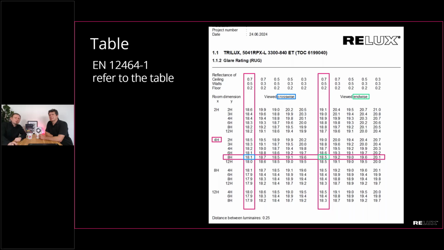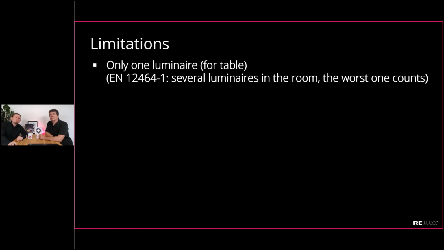Yeah, we will see it in a couple of seconds, but I have a last slide, and this is about the limitations of this, because if you have in mind how to calculate it and what is behind it, then you will surely find a lot of limitations by yourself. But here I have them in the presentation. Limitation number one is that you can only have one luminaire for a UGR table and not multiple luminaires.